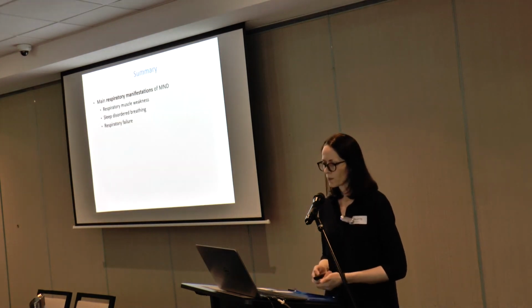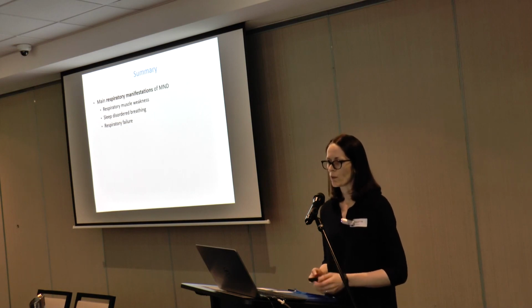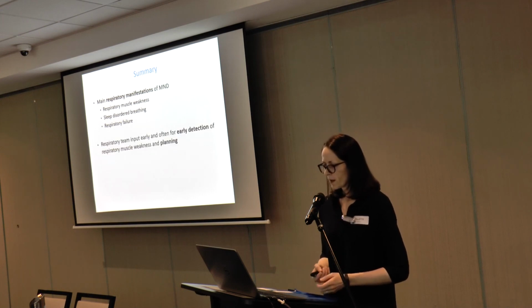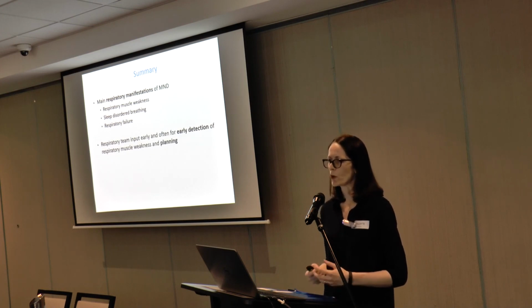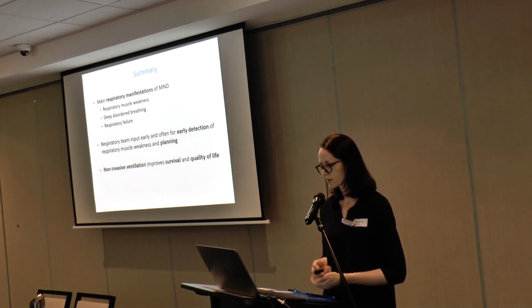So in summary, the main respiratory consequences of motor neuron disease are respiratory muscle weakness, sleep disordered breathing, and respiratory failure. Having input from the respiratory team early is important so that we can have early detection of respiratory muscle weakness to assist with planning and introduction of appropriate management strategies.